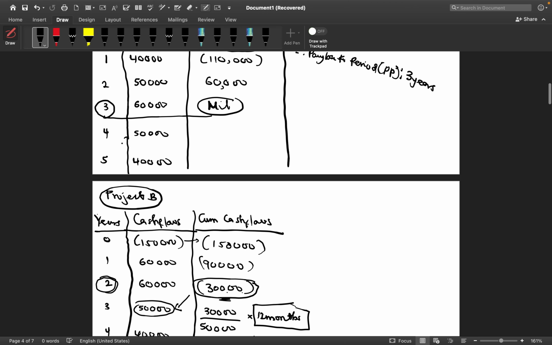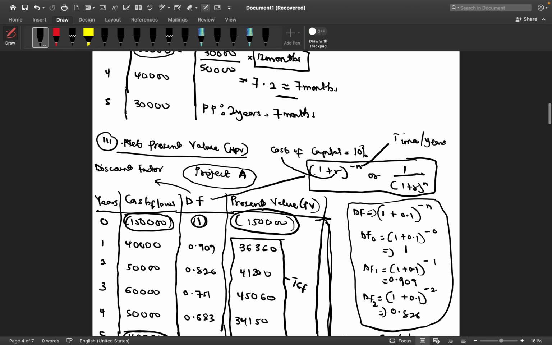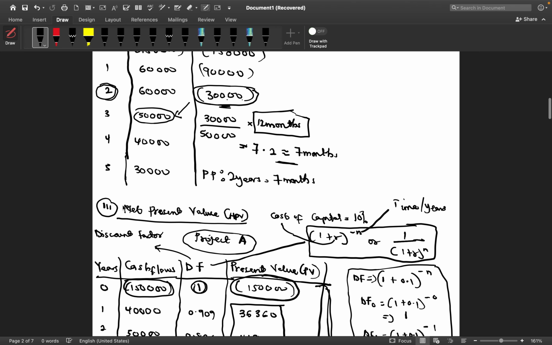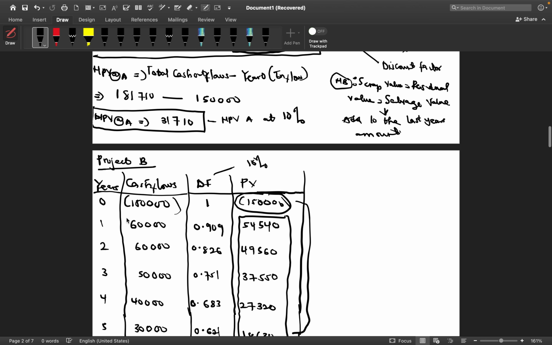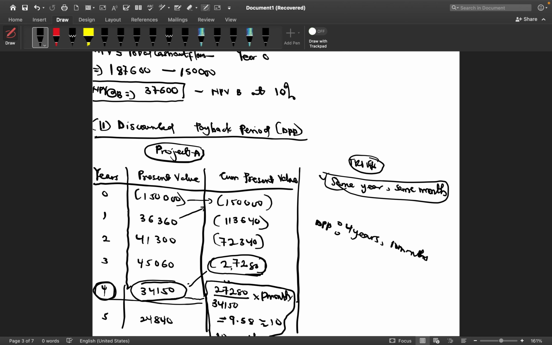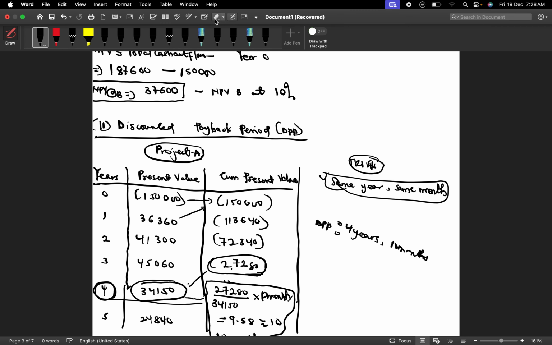So this is A. This one was C. Let me renumber it for you. So this is C. I'm renumbering it, and don't worry.